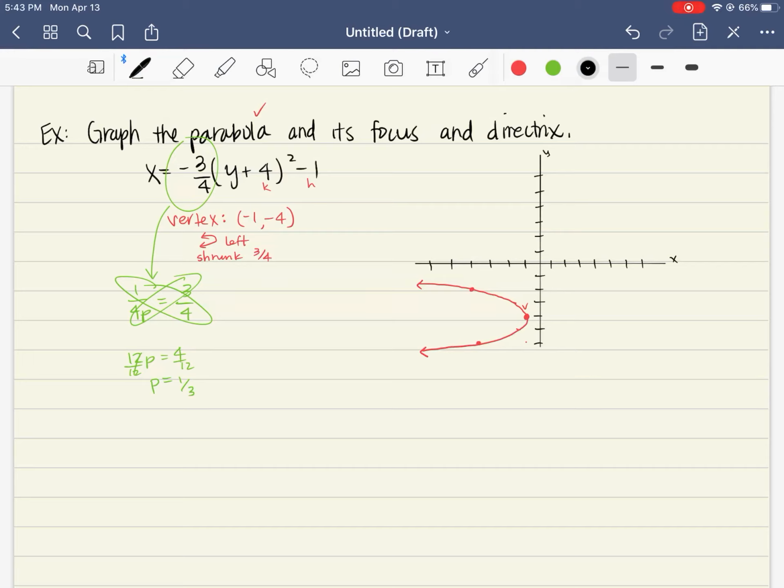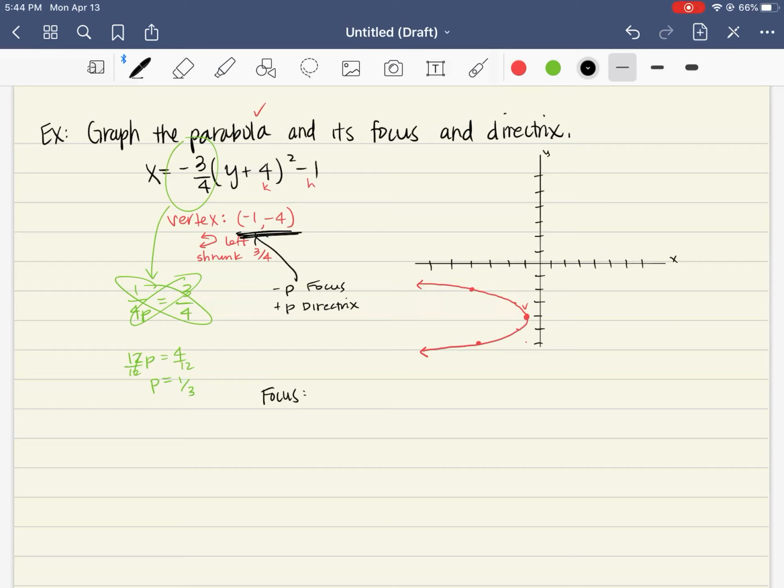Okay, so notice over here, my vertex is at (-1, -4), and my focus is going to be in this direction. Notice your y value is not changing because it's a horizontal parabola. It's your x value that you're adding the p to. So in this case, I'm going to take this x value and subtract p to move it left, and that's going to give me the focus. And then I'm going to add p to give me that directrix to the right.